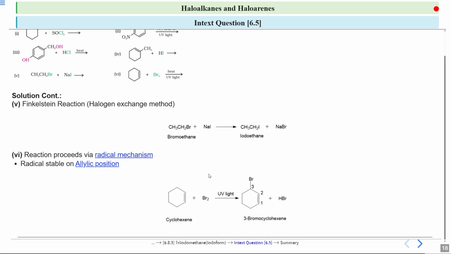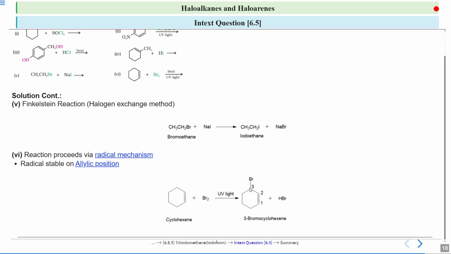That means it will attack on the allylic position of the alkene, which is the position of an sp3 hybridized carbon bonded to an sp2 hybridized carbon. You can count 1, 2, 3 from either side; the lower numbering will be at the double bonded carbon.